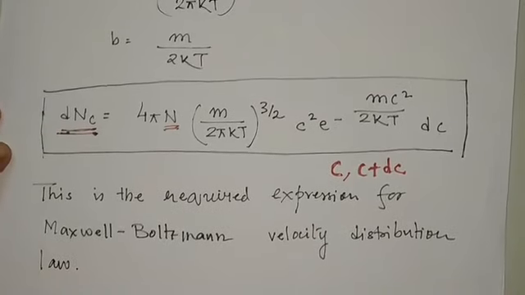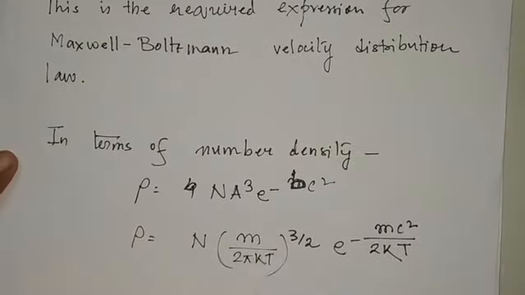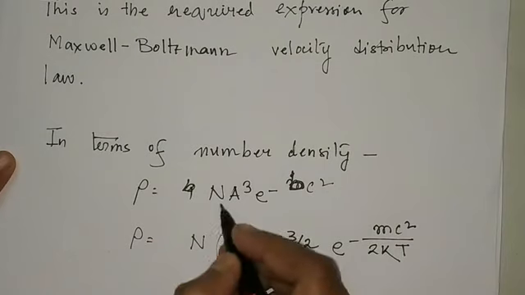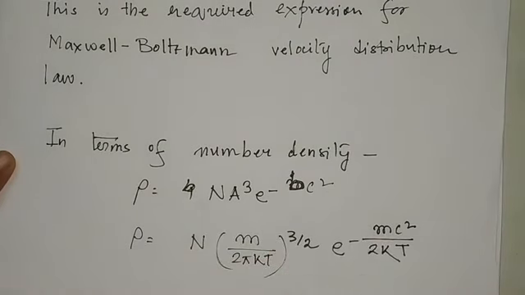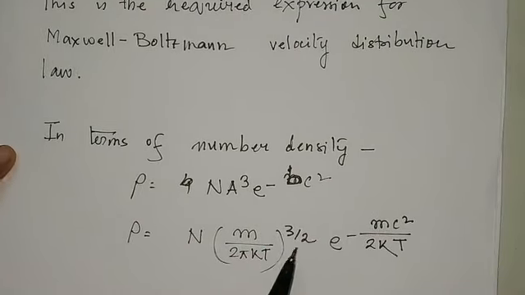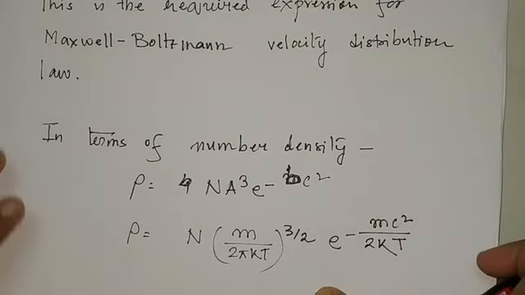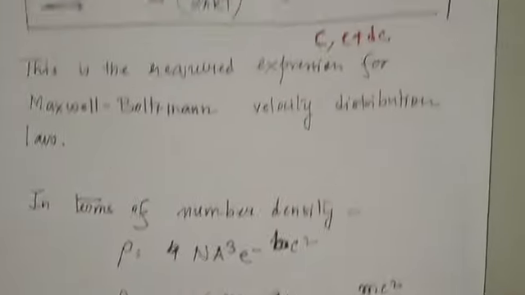Now in terms of number density, if you remember, the number density rho was given by n a cube e to the power minus b c square. In this equation also we can put the values of A and B. So A is m by 2 pi kT, and since there is a cube, the power will be 3 by 2, and if we put the value of B, it will be m c square by 2kT.